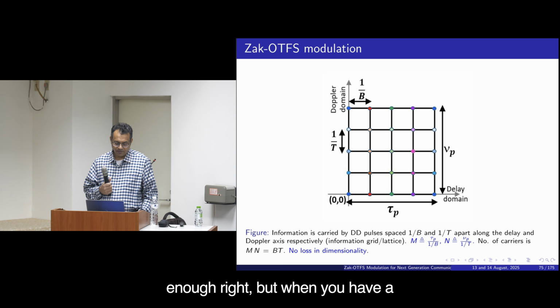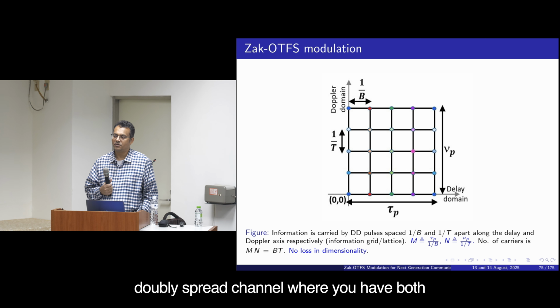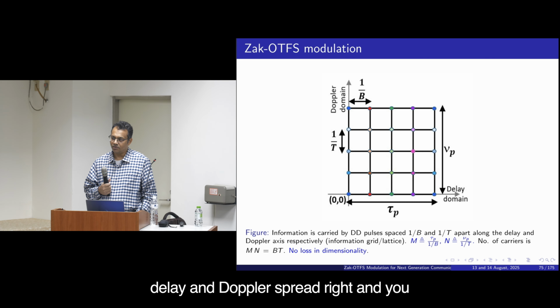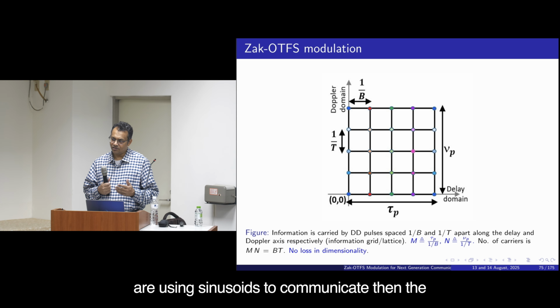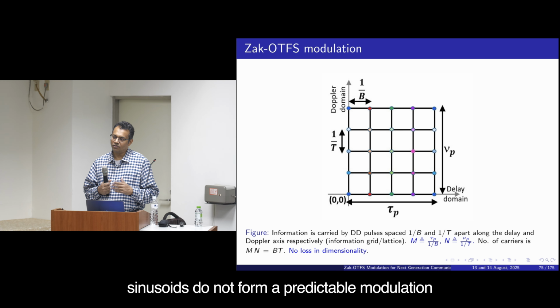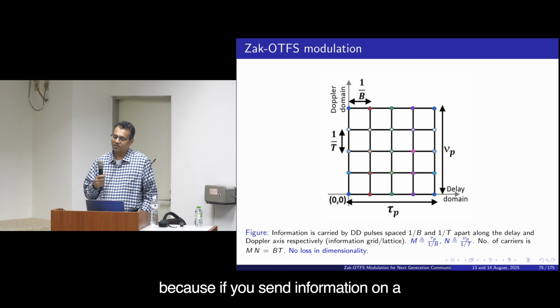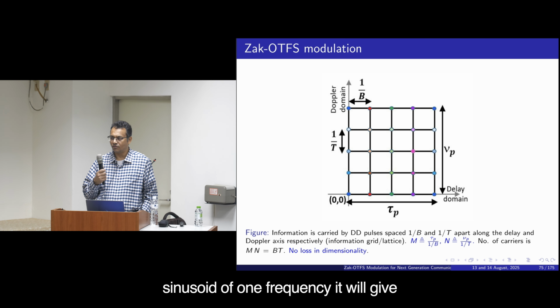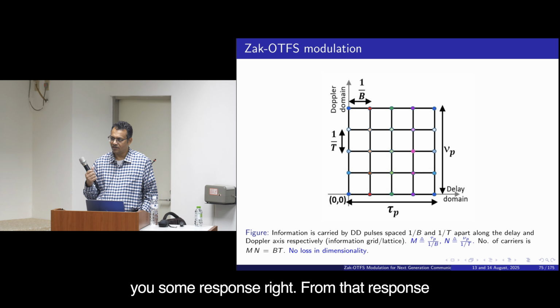But when you have a doubly spread channel, where you have both delay and Doppler spread, right, and you are using sinusoids to communicate, then the sinusoids don't form a predictable modulation, because if you send information on a sinusoid of one frequency, it will give you some response, right.